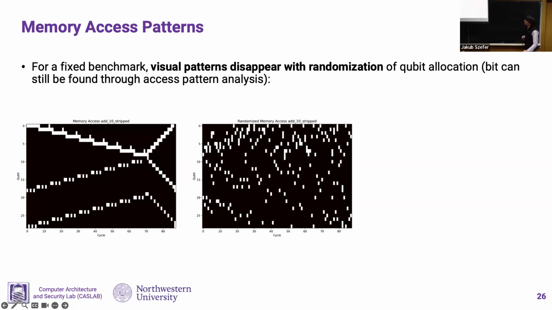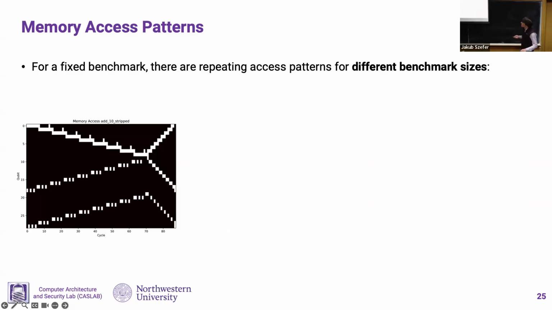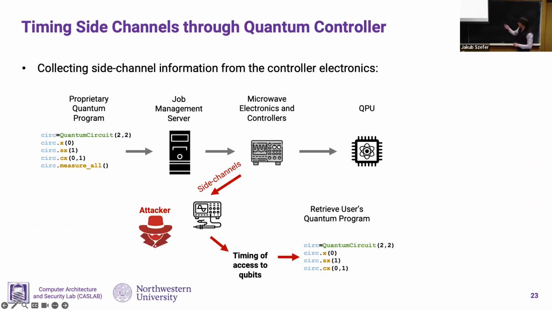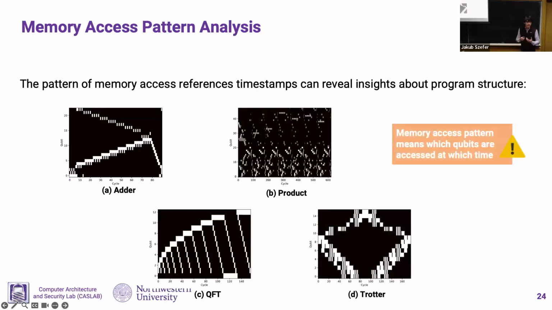So this is a very simple but basic demonstration that quantum circuits, of course, have patterns, as you would expect. If somebody is sitting at the controller, they can recover these patterns and guess what the user is doing.